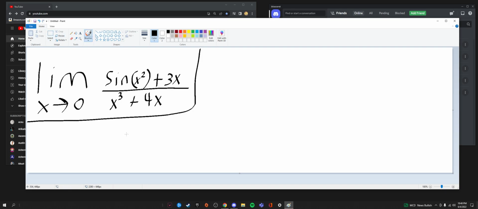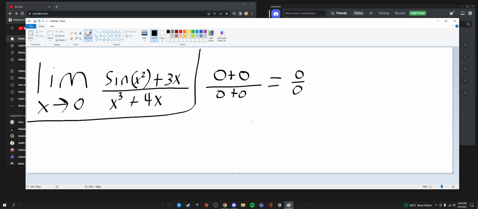If we plug in 0, sine of 0 is 0, and 3 times 0 is 0, so we have 0 plus 0 in our numerator. And x cubed, when x is 0, is 0, plus 0. So we get the indeterminate form 0 over 0, which means we need to use L'Hopital's rule.